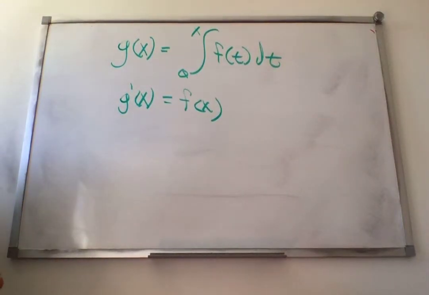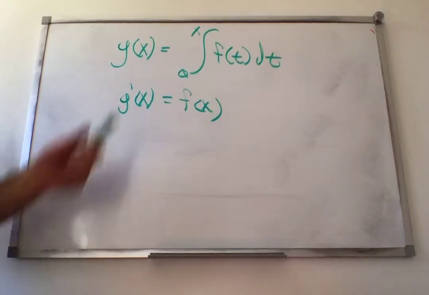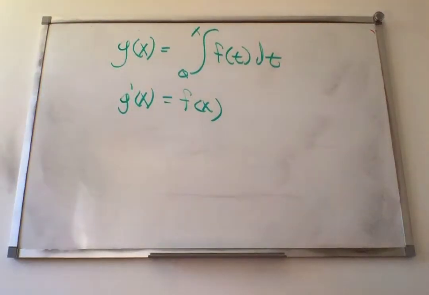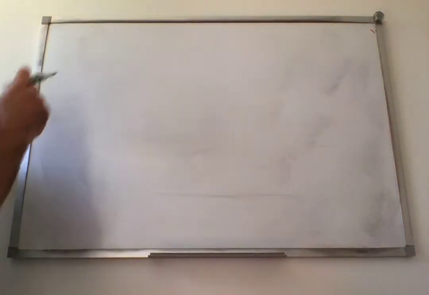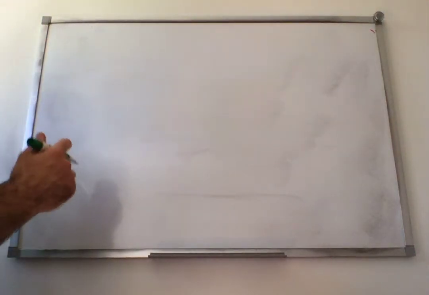Let's go ahead and see what we mean by this, that this is a continuous function. This is much like when we were talking about the derivative as a value as opposed to a function.